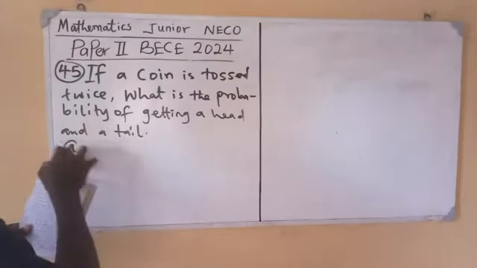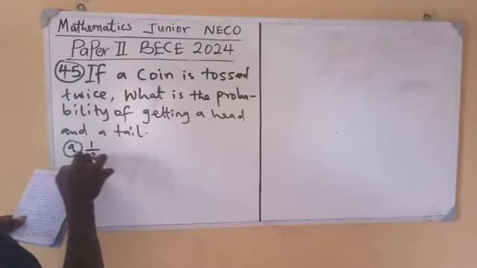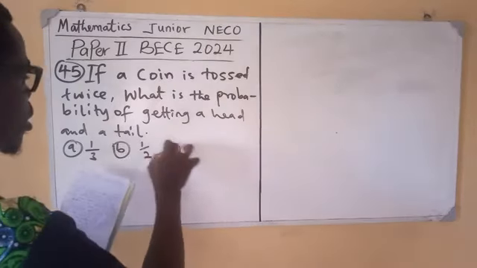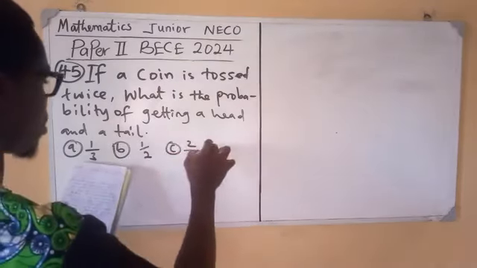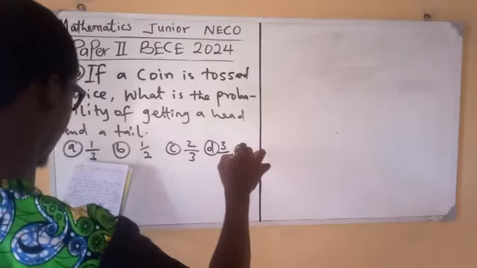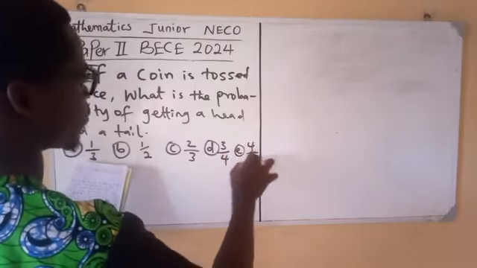The options given are A, 1 over 3, B, 1 over 2, C, 2 over 3, D, 3 over 4, and E, 4 over 5.